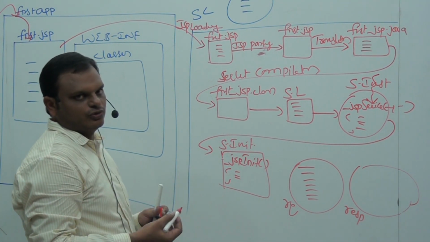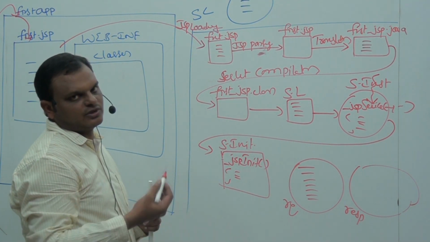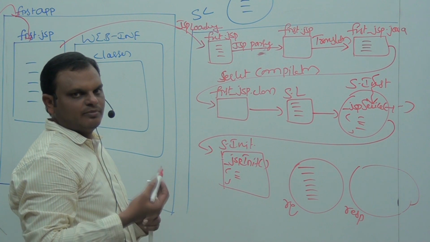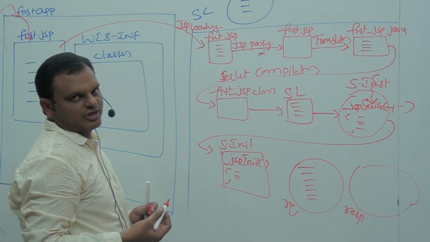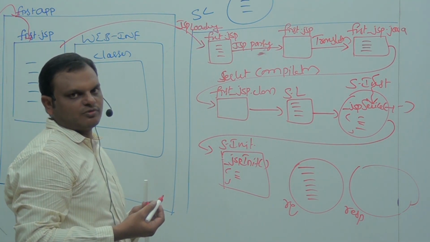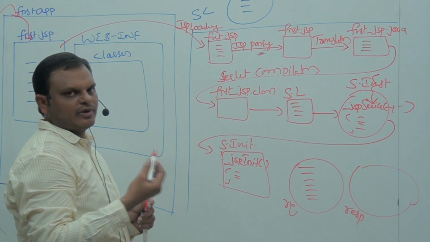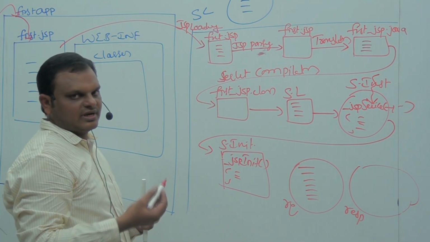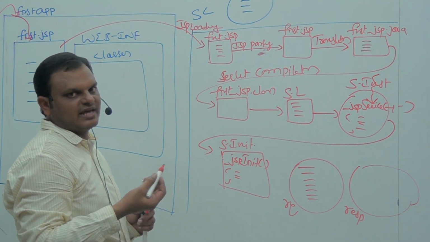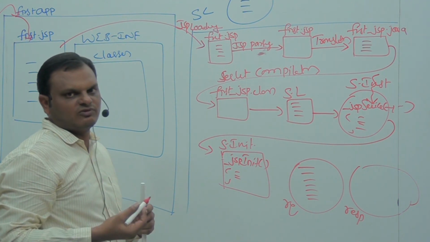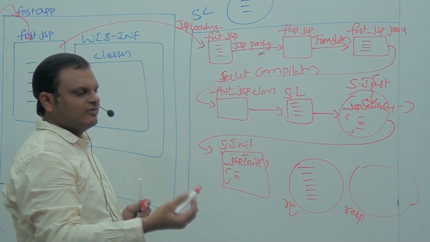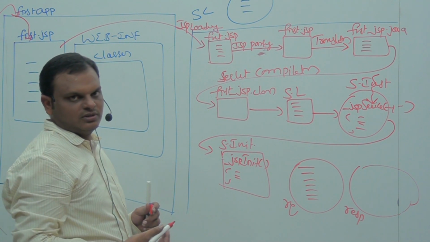As I already said to you, the request object contains three types of data: headers data, parameters data, and attributes data. At the time of creating the request object, headers data and parameters data will be stored. But attributes data is dynamic data. While executing the servlet only, that dynamic data will be stored onto the request object.